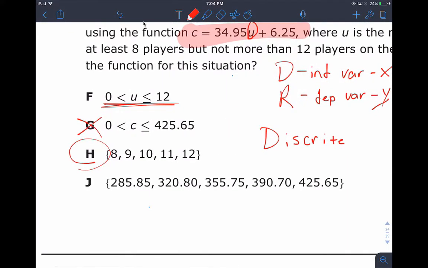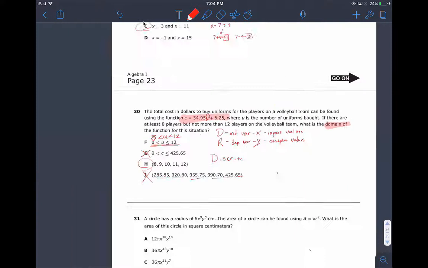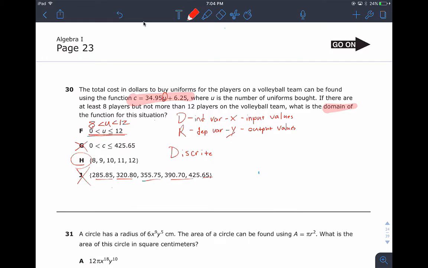So maybe a better version of this would be U is greater than 8, but then less than 12. J looks like a bunch of money right here, so that's probably going with our output. So that's why H is the best answer there. It's discrete data, so you're not going to have anything in between. Anyways, that is it for this lesson.